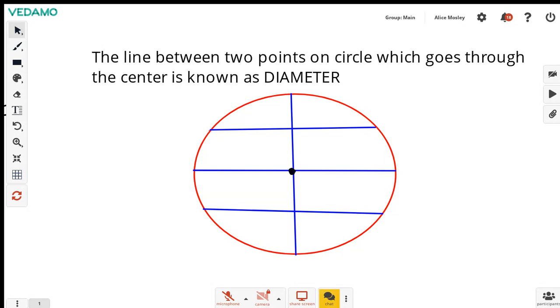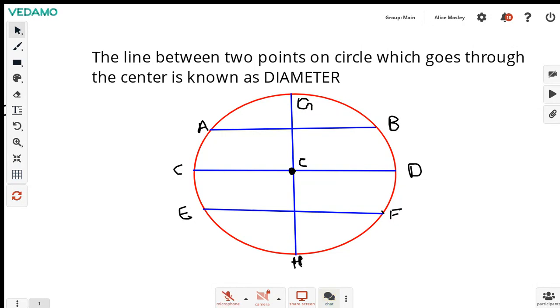So this is center C. This is A. This is B. This is C. This is G. And this is H. I hope everyone wrote the definition of diameter.